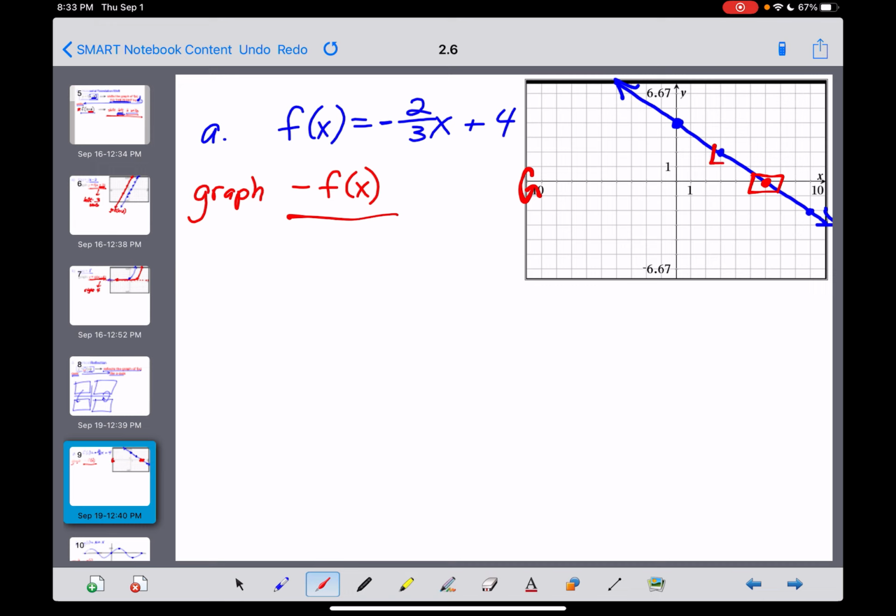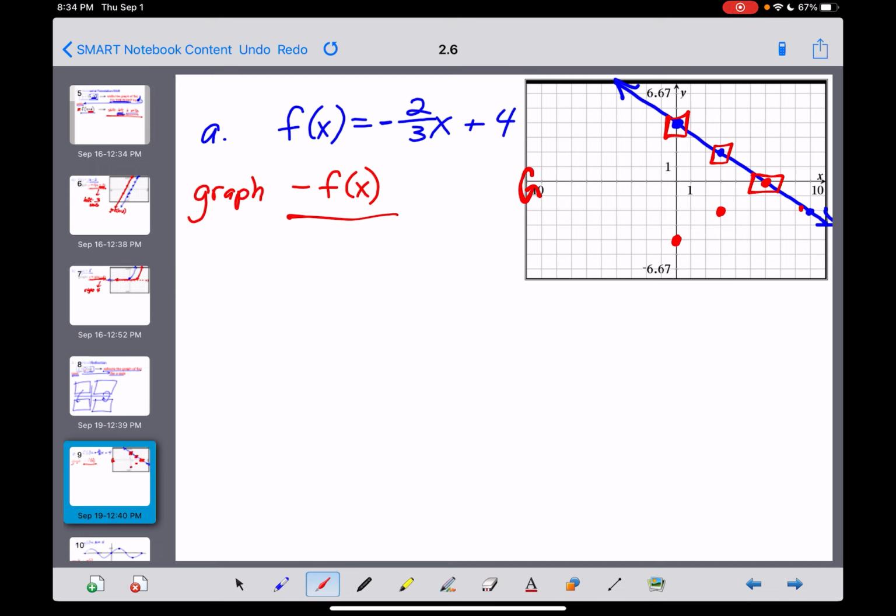But now if I focus on this point, I want you guys to notice that that point is 2 units above the x-axis. Flipping it is now going to move it 2 units below the x-axis. So that point reflects over the x-axis to right here. This point, which was our y-intercept at positive 4, flips over the x-axis and is now going to be a y-intercept of negative 4.